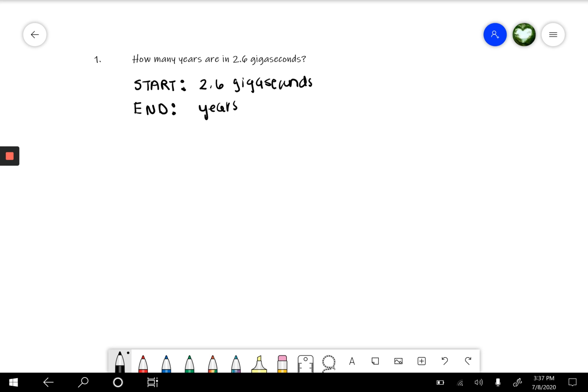The start and end give you a very neat idea of where you are and where you're going to get to. That's the main point to focus on, and it is helpful.